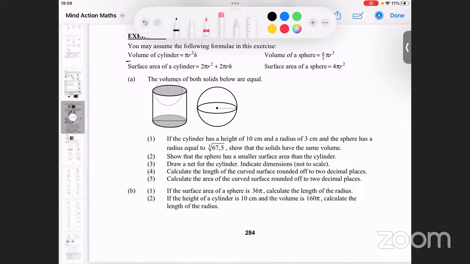Let me do this with the dimensions that we were given in number 1, and we're going to use them on number 2. So we're going to substitute for the area. We can start with the area of a cylinder, which is 2 pi r squared plus 2 pi r height, followed by 4 pi r squared.